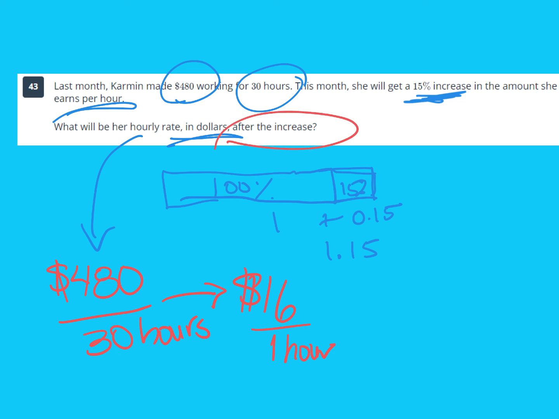And then we want to find the hourly rate after the increase. So that means I'm going to take my X and multiply it times this.